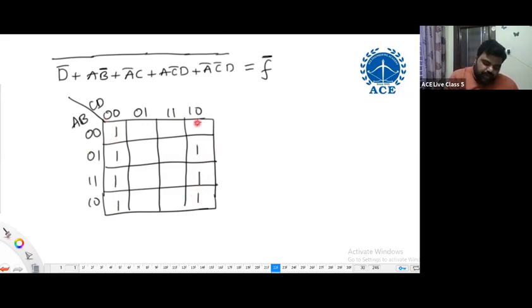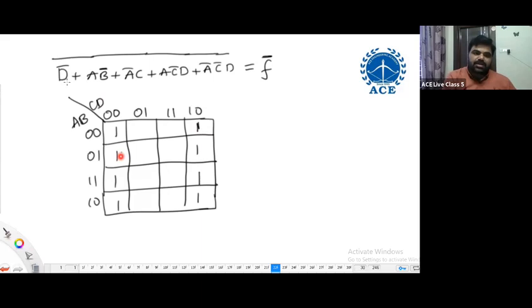Some people were asking how to write a K map when the expression is given. This is the way we need to write it. So D bar means D equal to 0, A, B, C all possibilities. Check it correctly. D bar is the first term. Forget about this complement, I will include it later.